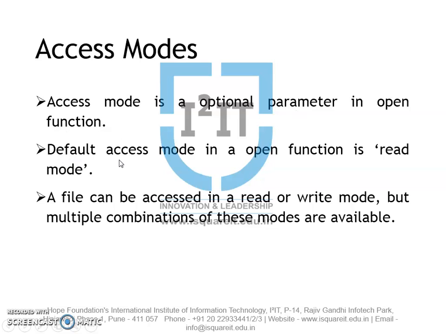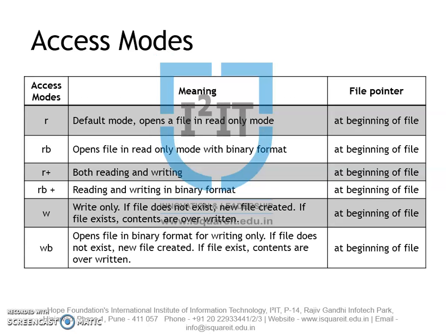By default, this access mode in open function is a read mode. So if we are not specifying any access mode, then by default that file will be opened in read mode. File can be accessed in a read or write mode, but multiple combinations of these modes are also available. So we'll see these access modes one by one.